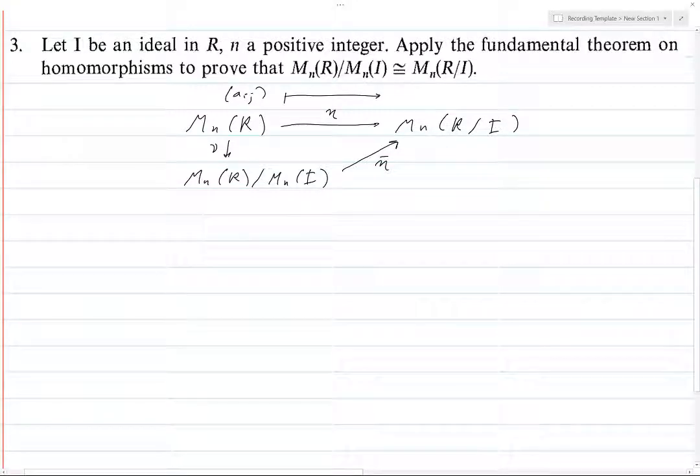So M_n(R) over M_n(I), obviously that means that what we're starting with is M_n(R), and we're going to want some map whose kernel is M_n(I).